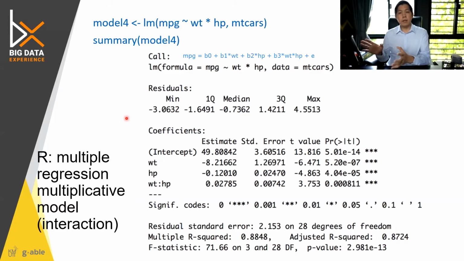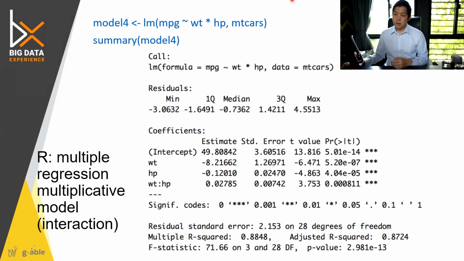When you write it like this, it means that both WT and HP also contribute individually, but there will be an interaction term between them. This is how it is represented here in R. From this, you can see that there are in total 4 parameters: the coefficient B0, B1 for the weight, B2 for HP, and B3 for the multiplication between the two.